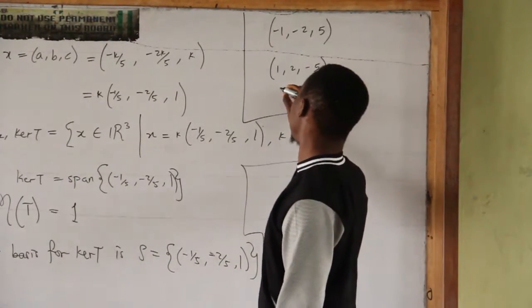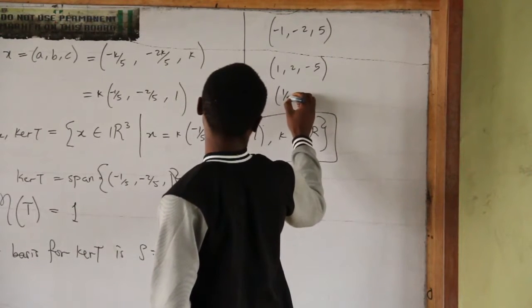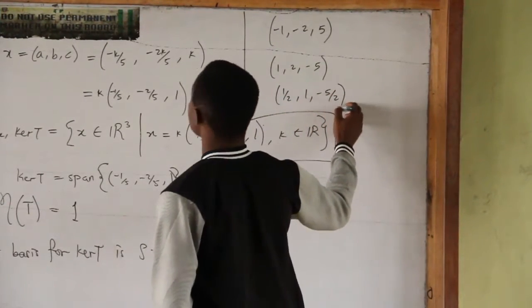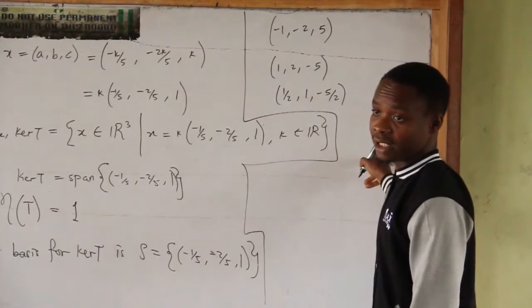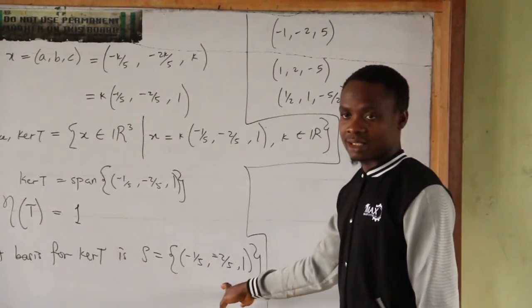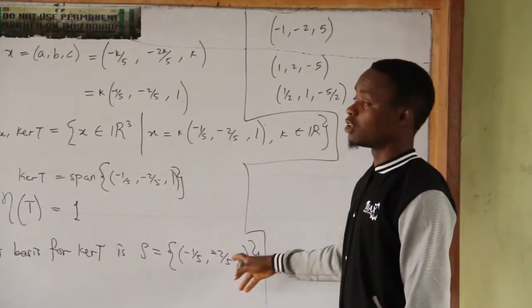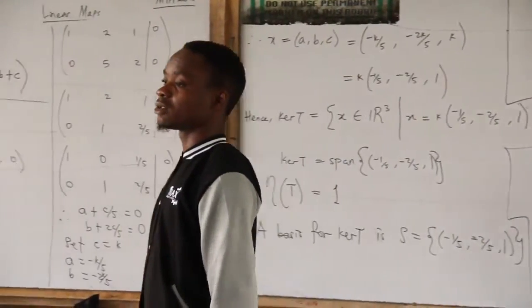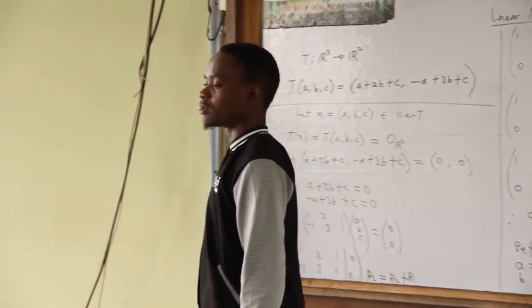Alright. You can also see something like 1 over 2 comma 1 comma minus 5 over 2. They are the same. Is it clear? They are all linear multiples of this. So you see any one of them in the option, and it makes sense depending on what you have factorized. Do you understand this? That is a basis.